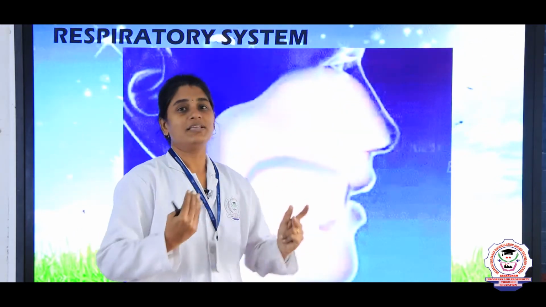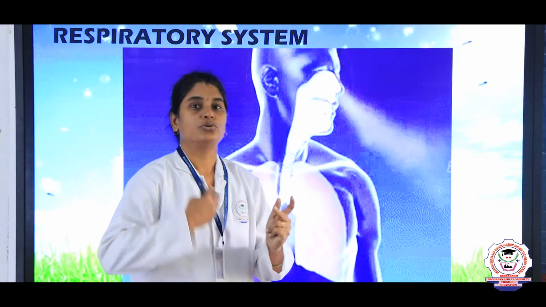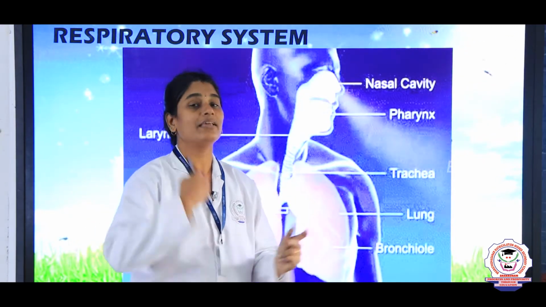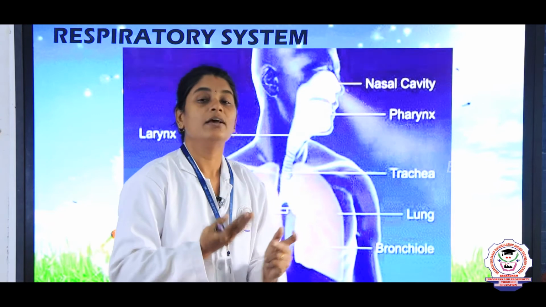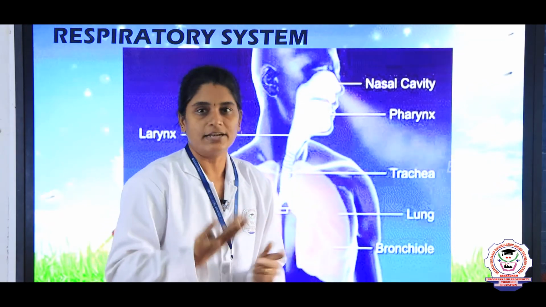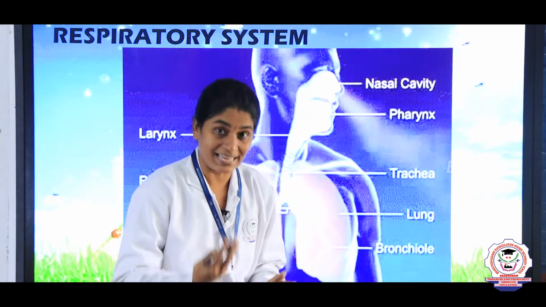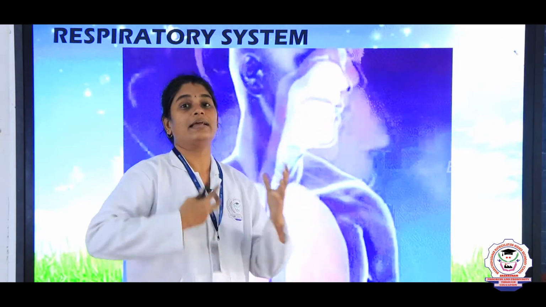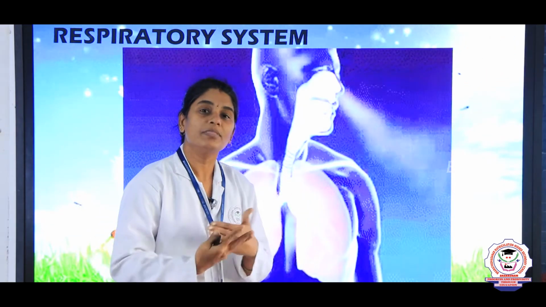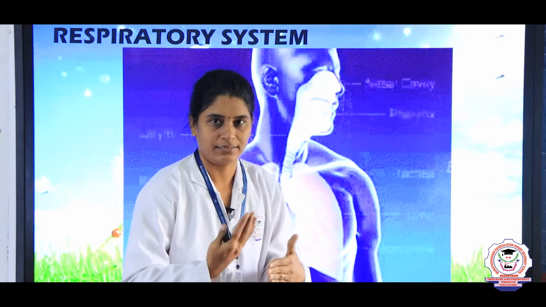So all the living things need oxygen. They take in the oxygen and they give out the carbon dioxide, where we can get the energy from the food that we eat. So all living things produce energy from the food they eat.